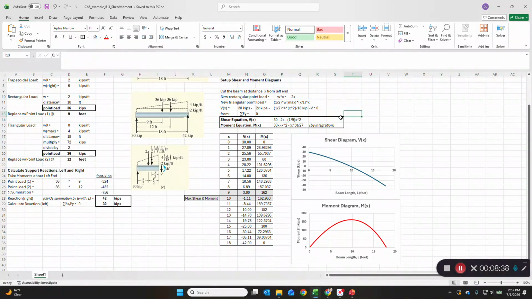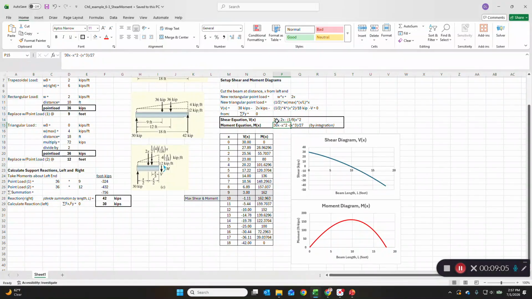Now that can be done with another Excel function, but we're simply going to do it with what-if analysis in this case. And perhaps at another time we'll use the root function for quadratics. And then the moment equation is the integration of the shear function, the integral. So you have to do that a little old-fashioned integration by hand. So if you're familiar with integration, you integrate the shear function, you get the moment function.